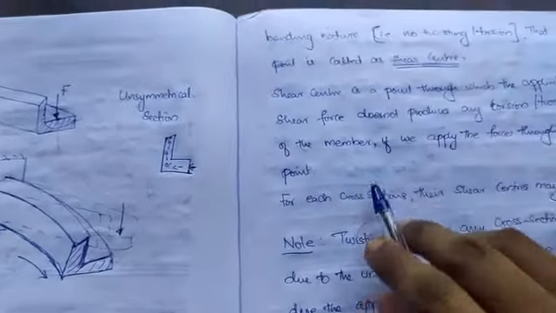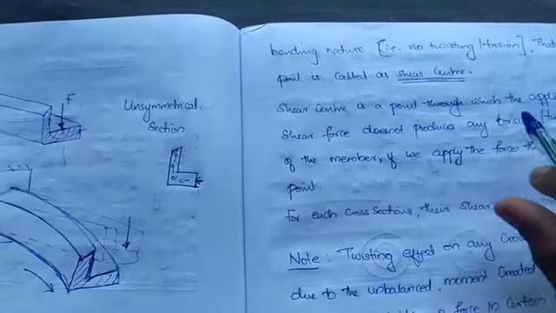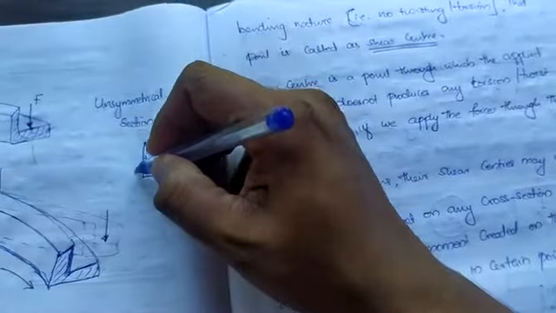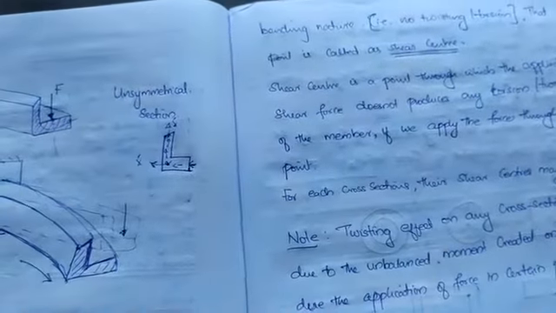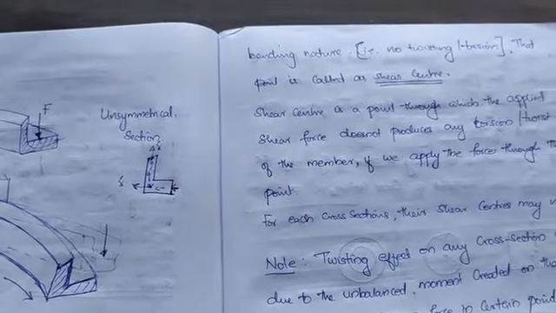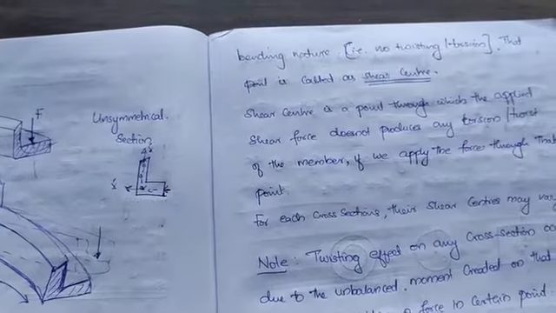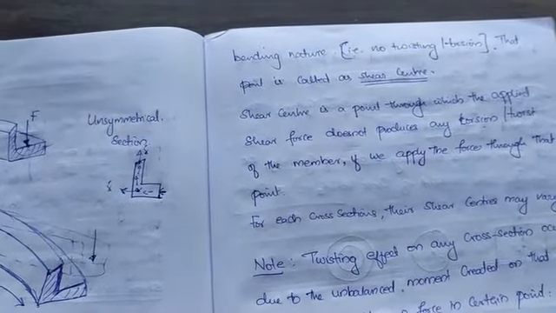So there will be a resultant for this shear force along this direction and along this direction, right? That shear force should not produce any twist of the member if we apply the forces through that point.